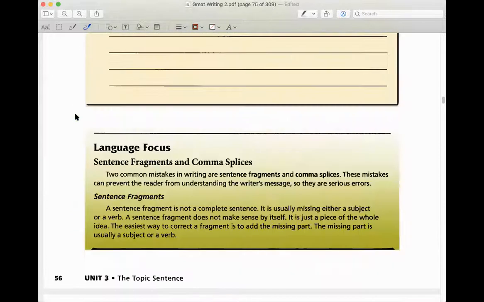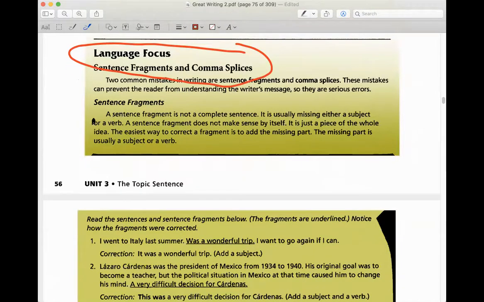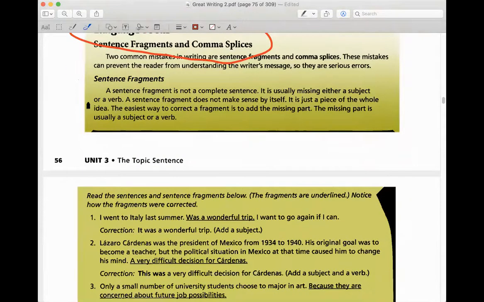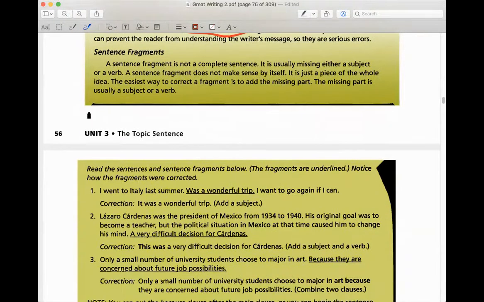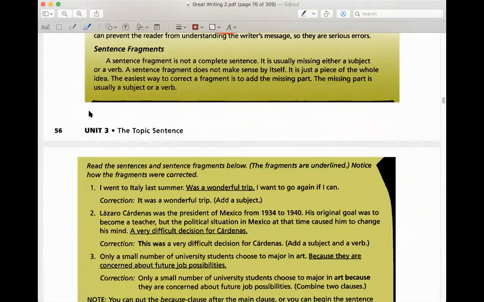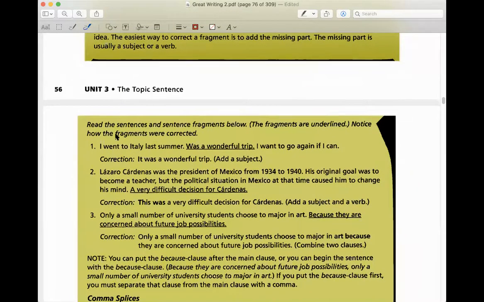Okay, so commas are important, and making sure you avoid sentence fragments and splices. I may give you some example sentences and ask you if these are correct or incorrect. Make sure that you need a verb in every sentence. Make sure you have a subject in every sentence.